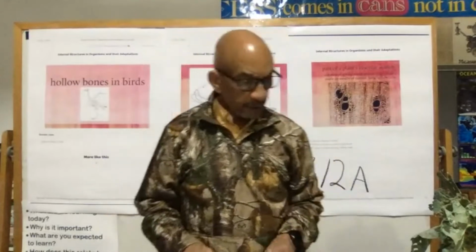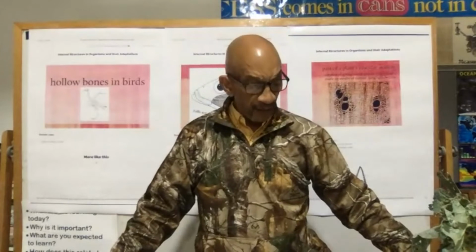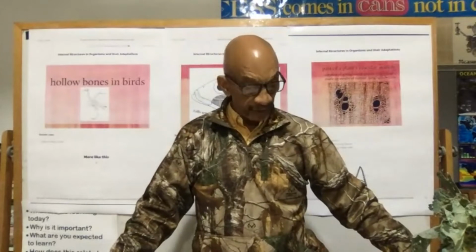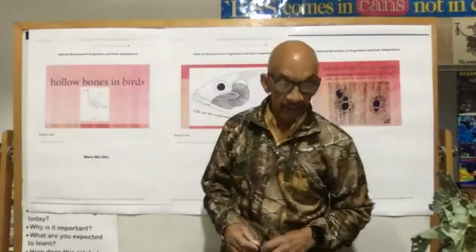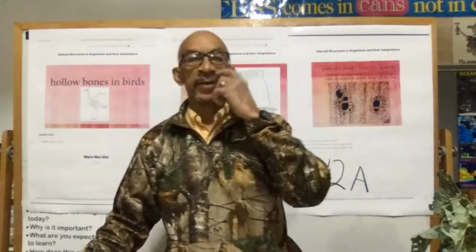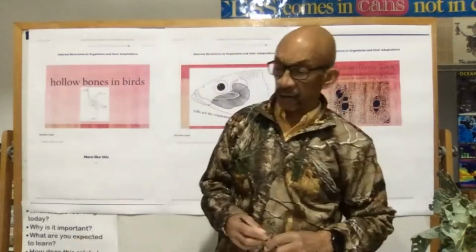So when we talk about an adaptation, that's either a specialized structure or a function that allows an organism to survive by allowing it to get its basic needs met. Now, listen, guys. When we look at this, for example, I could take my big snapping turtle out of the aquarium back there and use it to explain structural adaptations.